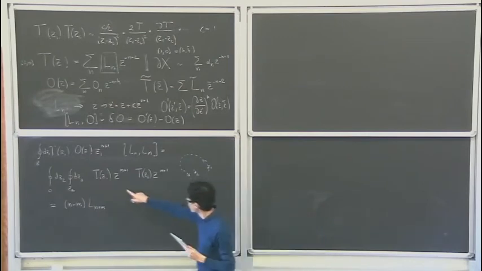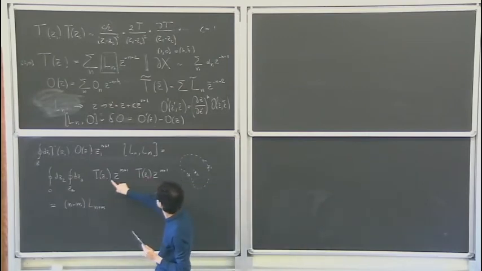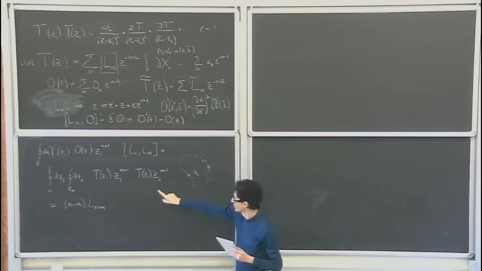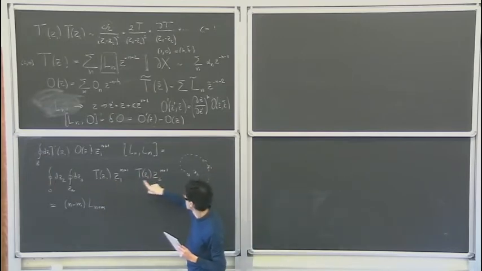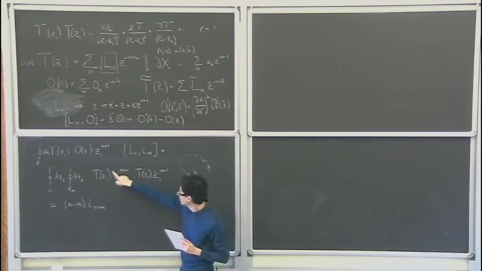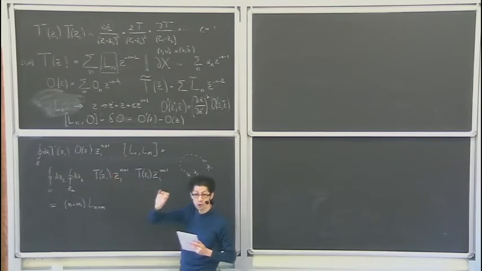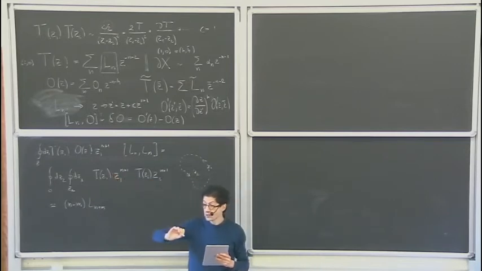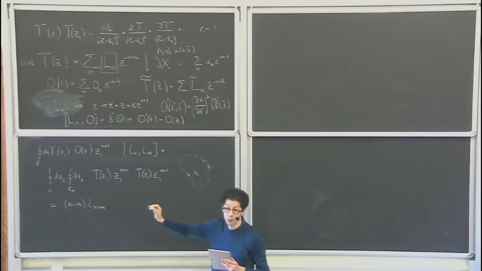So if you contract these two and you look at the quartic pole, then the Cauchy theorem tells you that you have to expand. Sorry, this is z1 and this is z2. The Cauchy theorem tells you that you have to expand the coefficient of the quartic pole such that you get a simple pole.